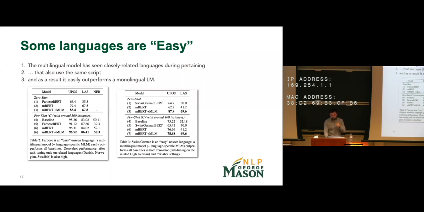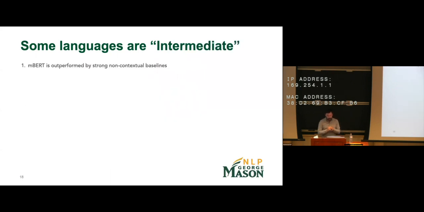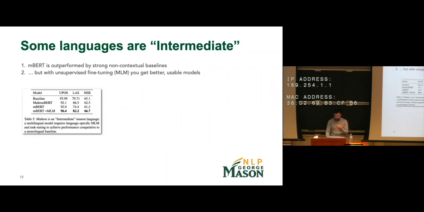Some other languages are, let's say, intermediate, as in multilingual BERT in and of itself, without the extra fine-tuning stage, is outperformed by strong non-contextual baselines. But if you do this continued fine-tuning with whatever text data you have in the language, then you get better models that are also fairly usable.